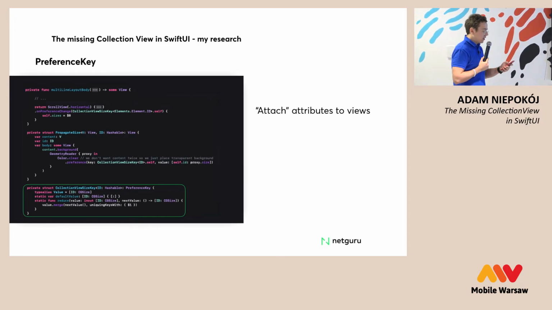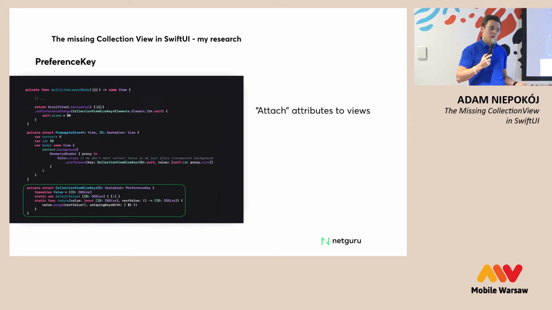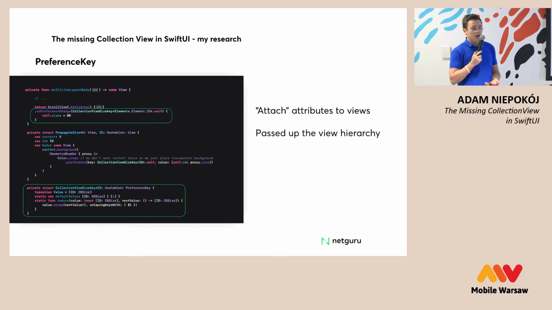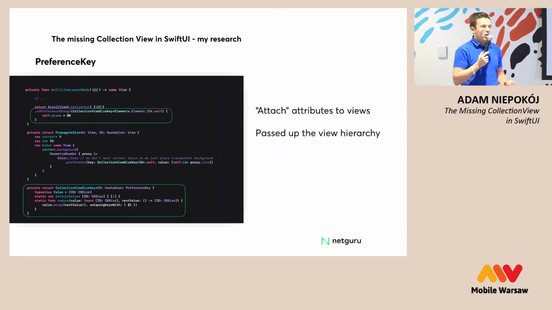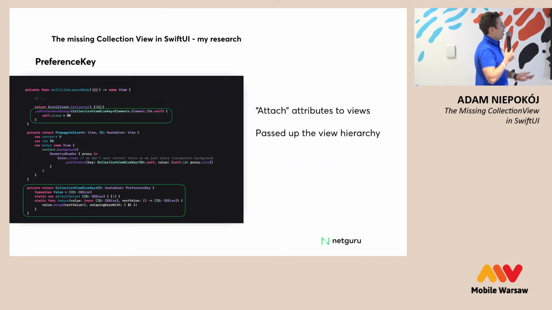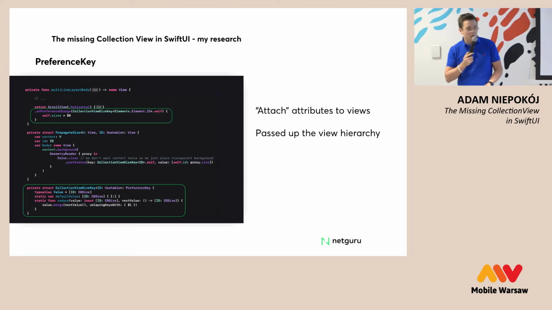Why would we need that? Because if we want to render something from the bottom to the top, it's possible, but we need to pass it up the view hierarchy in SwiftUI, and we do that using the PreferenceKey. And after we have this struct defined, we can of course use it however we want.